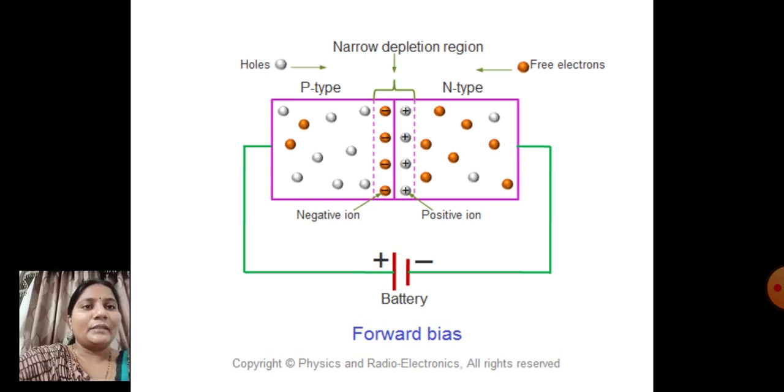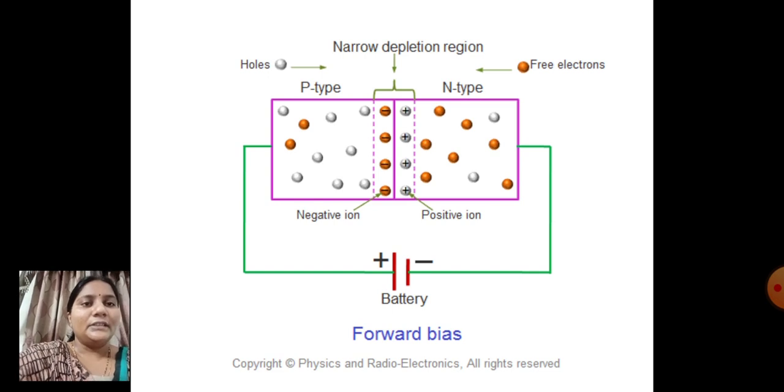Right? Now what happens? Initially the battery or external voltage is 0 volts. Slowly I am increasing the battery from 0 volts, 0.1 volts, 0.2 and 0.3. Right? Because of this external voltage, there will be a movement of the majority charge carriers and minority charge carriers.